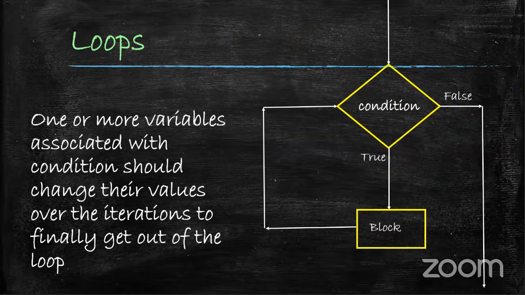So for loops, the condition has to be true for some time, and at some instant the condition has to become false. Then and only then can the program come out of this loop.